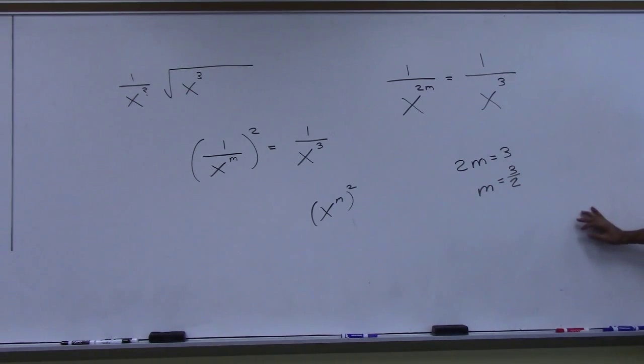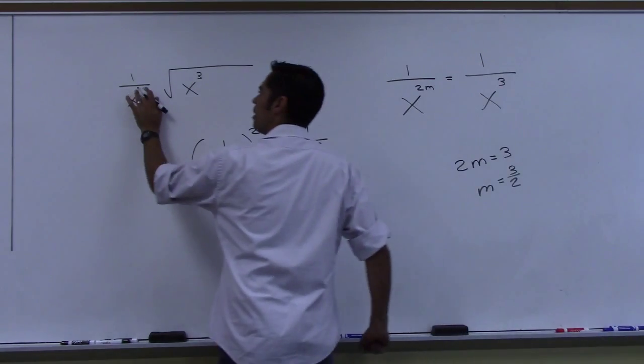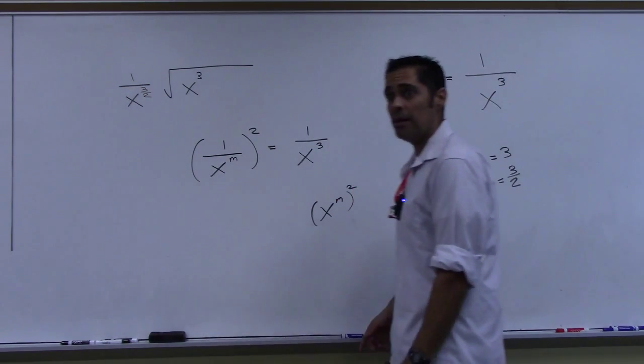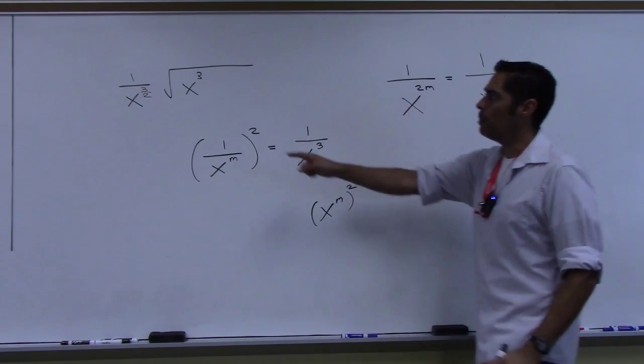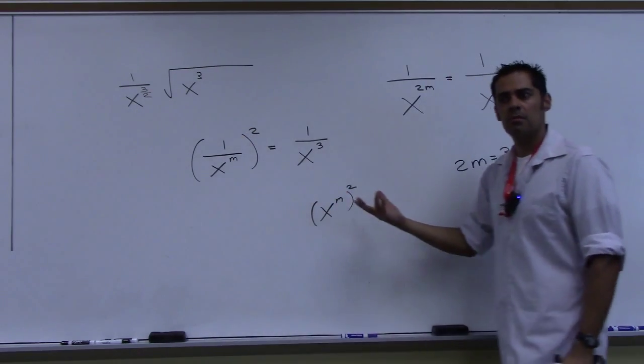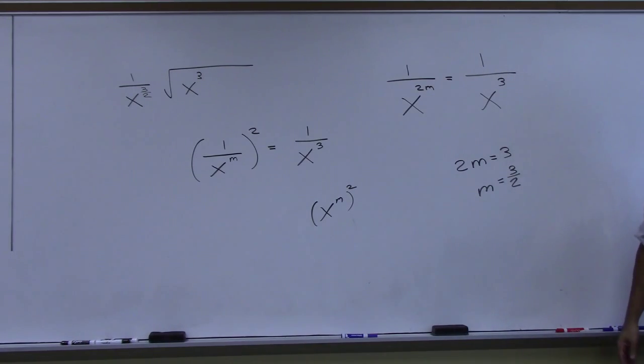I think someone said 2/3. It's the other way. It's 3/2. So let's just double check it. If I put this 3/2, then when I square it, I double this number. What's 3/2 times 2? 3.